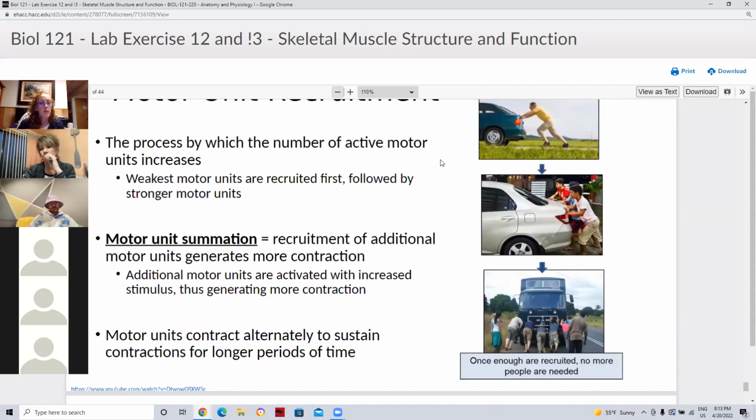And once enough people are recruited, no more people are needed. So you're going to recruit more and more motor units. The weakest ones get recruited first until you have enough motor units recruited to perform the action you need.